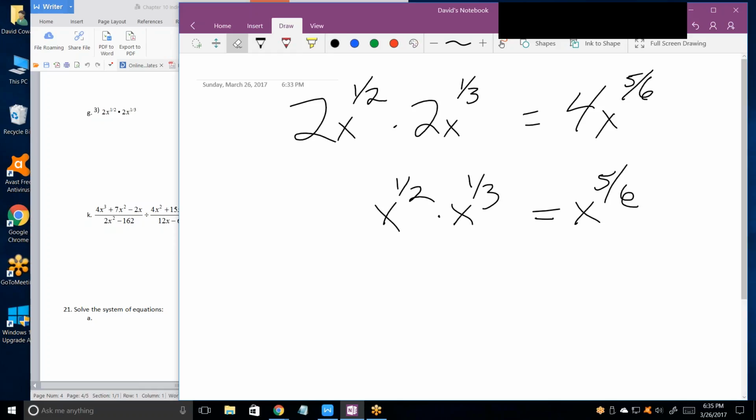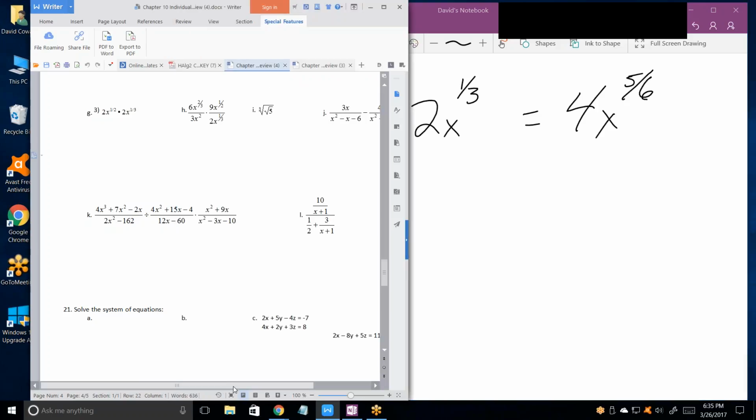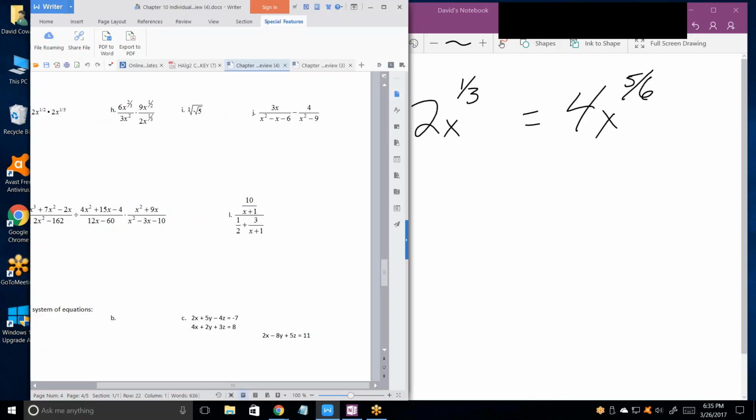Okay? Always remember, when you have an exponent, it only applies to the thing that is beneath it, unless there are parentheses. If I put parentheses around that, well, now the 1/2 applies to the 2 also. So this parentheses is big. That's why it was a typo on that one problem, because she didn't have parentheses and she meant to.